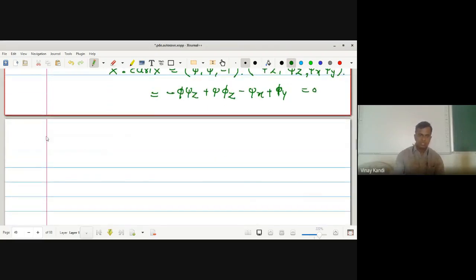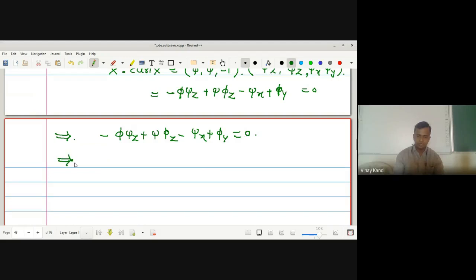So this implies that minus phi psi z plus psi phi z minus psi x plus phi y is equal to 0.